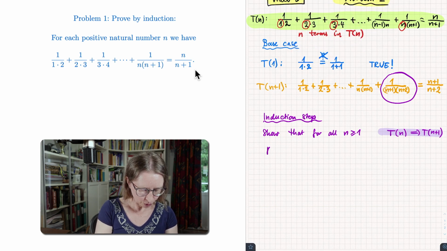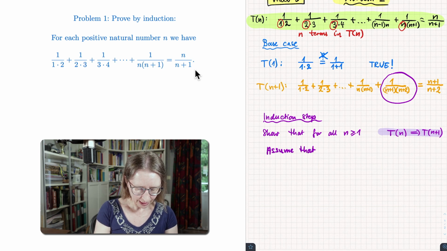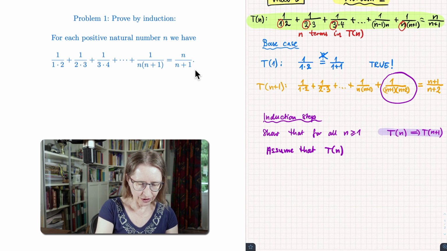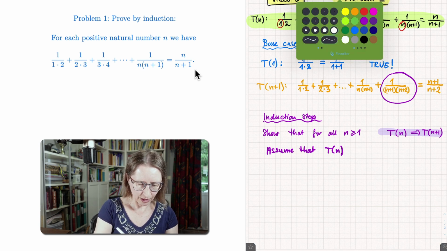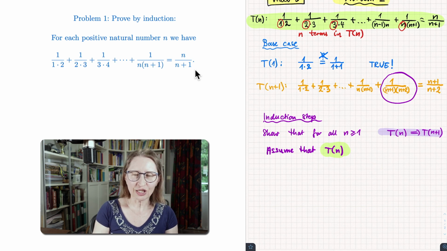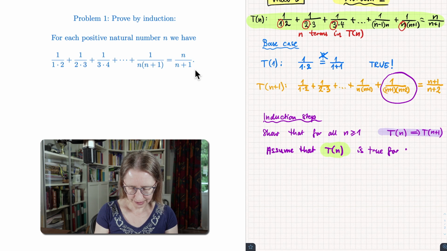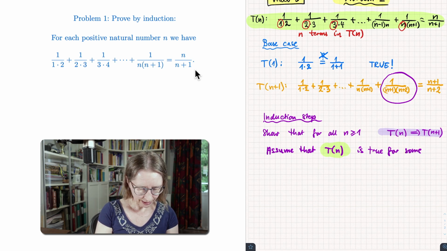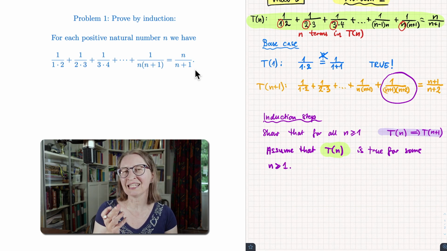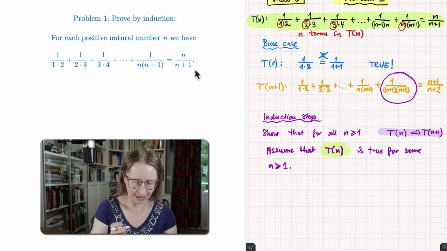So now assume that T of n, and it is this green formula above, is true for some n which is greater than or equal to 1. And we know that at least for n equal to 1, this statement, this formula, is true because we have verified it as the base case, right?